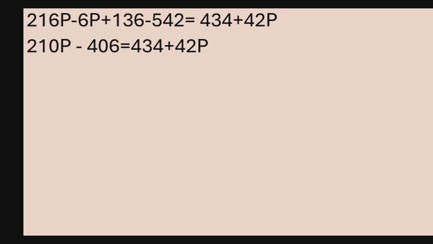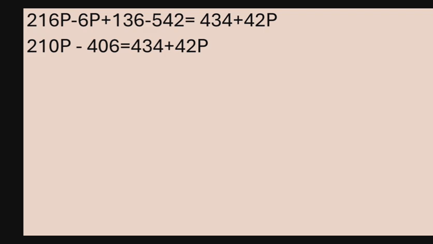Now do you see it here? After collecting this first one, which I told you, which is 216p minus 6p plus 136 minus 542, then it still repeated, carrying over those remaining numbers under the equals sign. After doing this, 216p minus 6p is going to give us 210p.